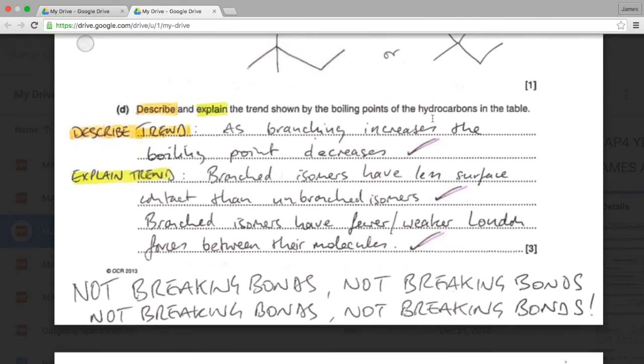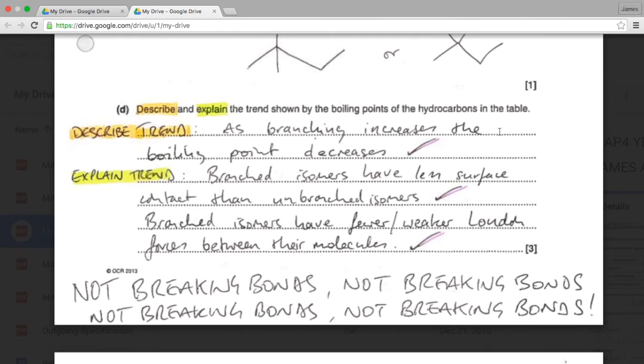So the trend is, as the amount of branching increases, the boiling point decreases. What's the explanation for that? The branched isomers have less points of contact or less surface contact than the unbranched isomers. And because of that, branched isomers have fewer or weaker intermolecular forces, which are called London forces between the molecules.